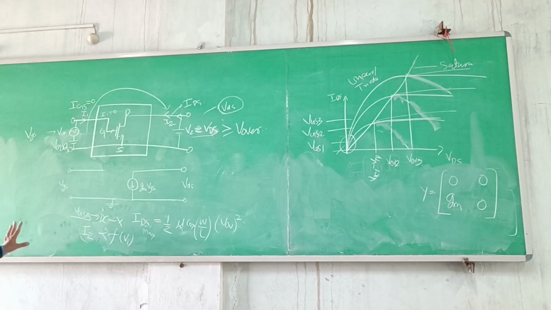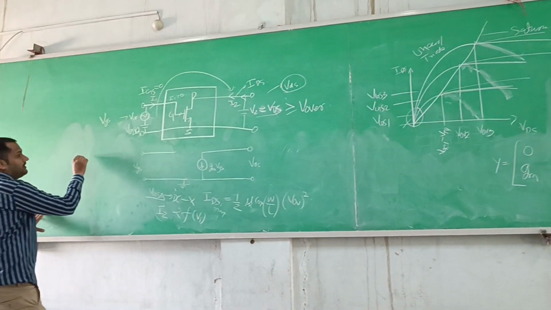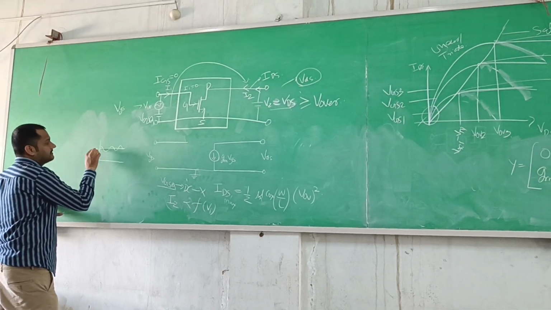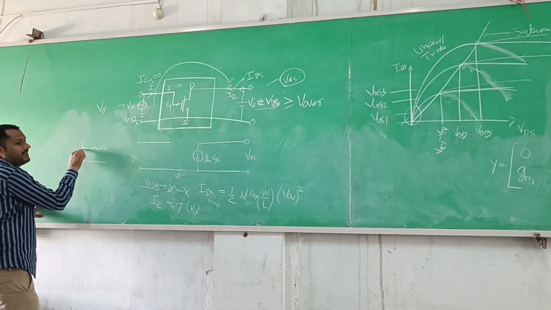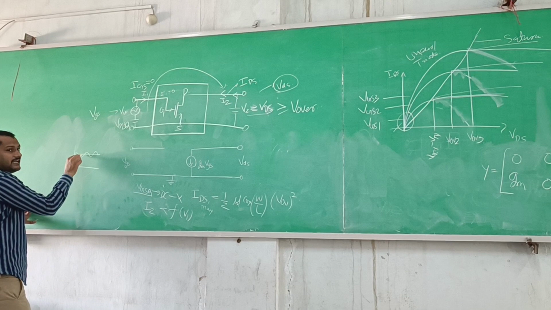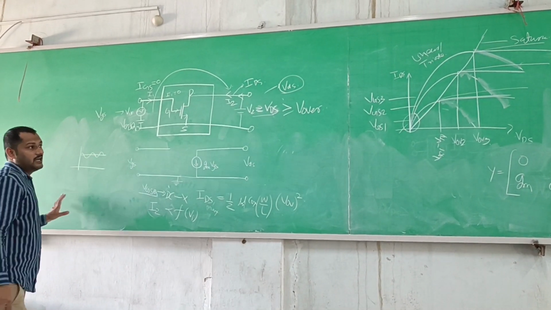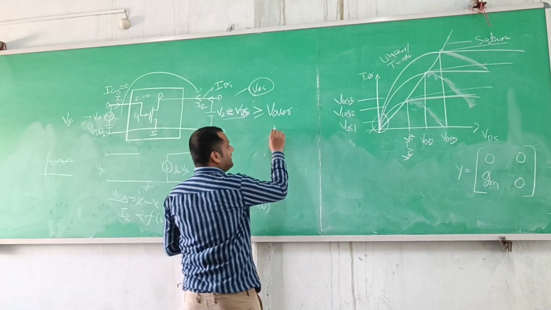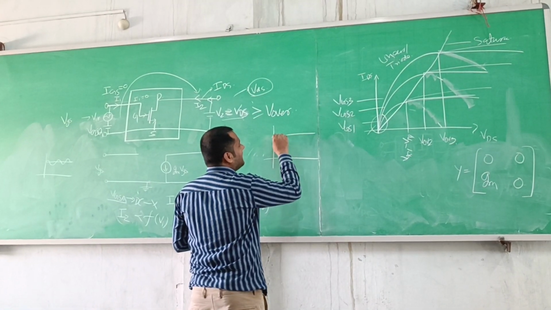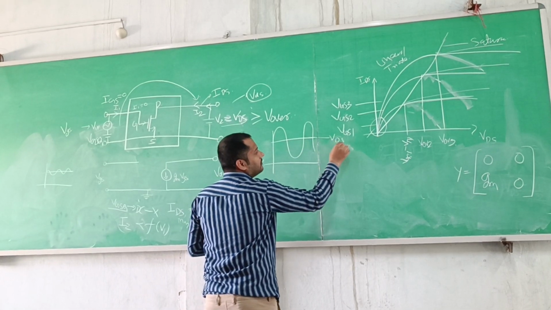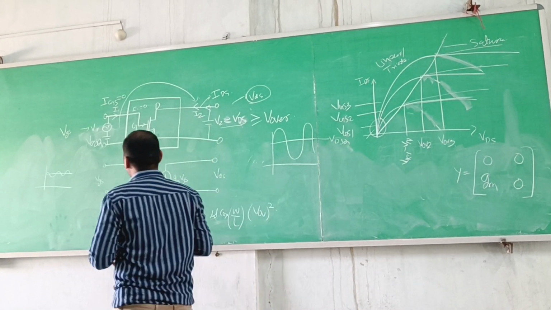We will apply an input from here, at some DC level. On top of a DC level we will apply an input. On top of another DC level, VDSQ, we will get the output. This VDSQ and this VGSQ are different.